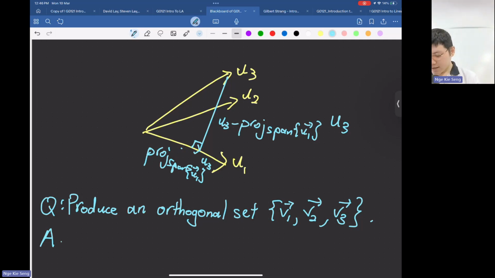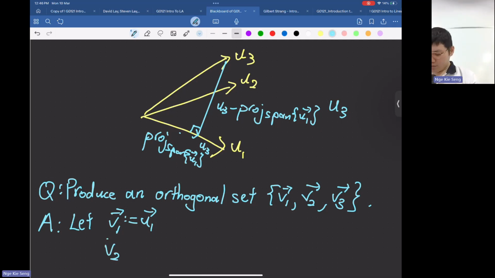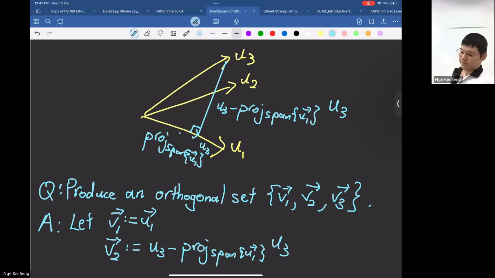So it seems what you have done is what we did before, right? You get your V1 to be U1, and then you found another orthogonal vector here, which is U3 minus the projection of U3 onto U1, or the subspace spanned by U1.